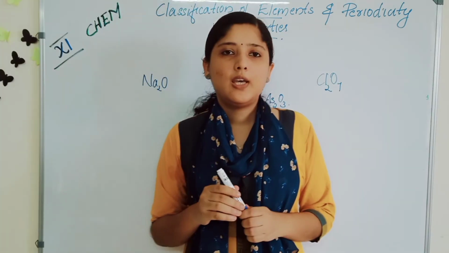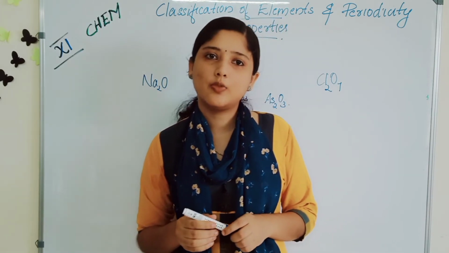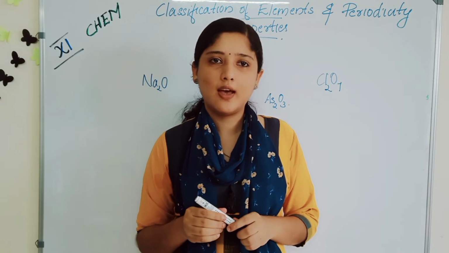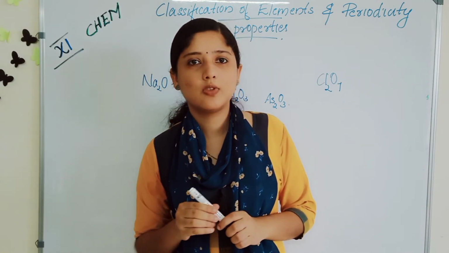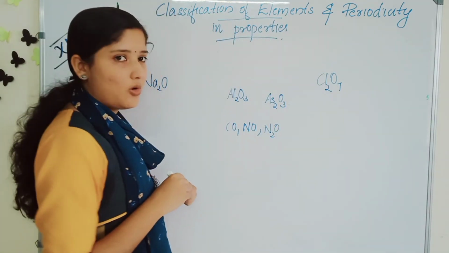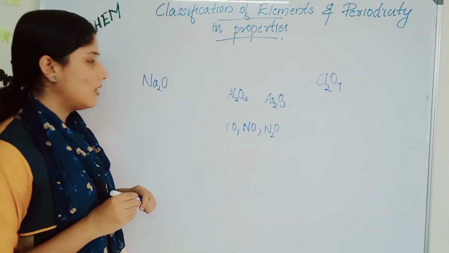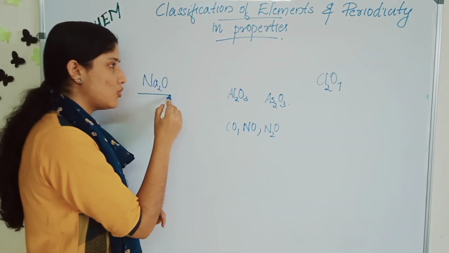We can explain the chemical reactivity of the elements based on their reaction with oxygen and halogens. Chemical reactivity can be best explained with their reactions with halogens and oxygen. Now we will study only the reaction with oxygen in this chapter. Look, the first elements of the first group form oxides like Na2O.